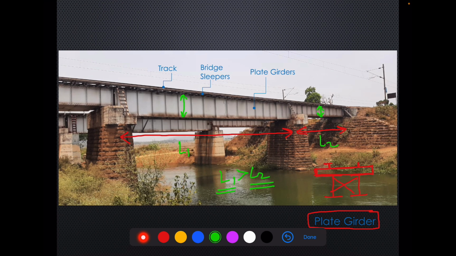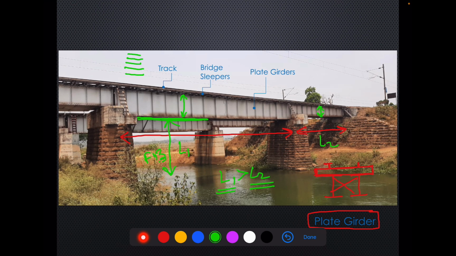So what happens as the spans keep on increasing, the depth requirement of plate girder keeps on increasing. So again, this is okay for a certain length of span, but after a certain limit, this depth becomes so much that if we provide those kind of plate girders, our rail levels will keep shifting higher and higher, because again we have a certain minimum requirement of freeboard where we cannot go below this level, for example, as far as our bottom flange is concerned.